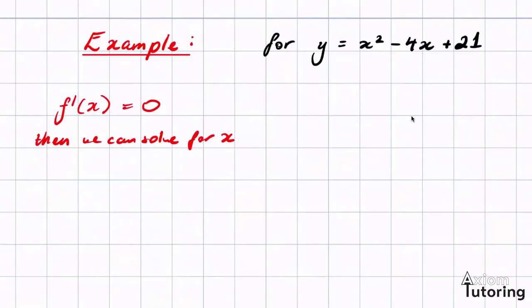So to find f dash of x, we are differentiating y with respect to x. So dy over dx is equal to, we're going to differentiate each individual term here.